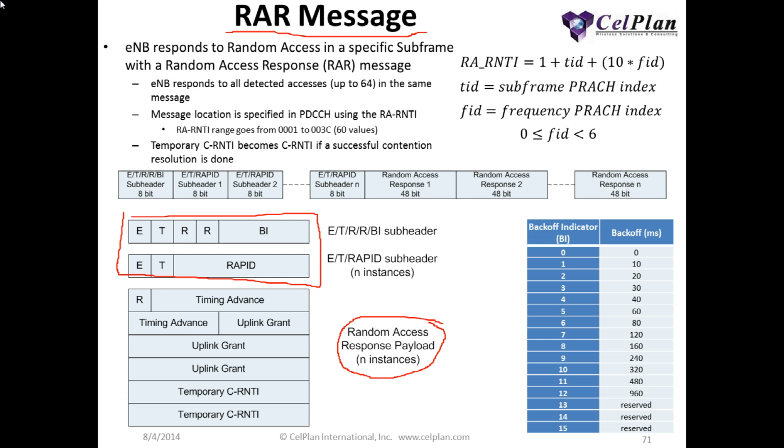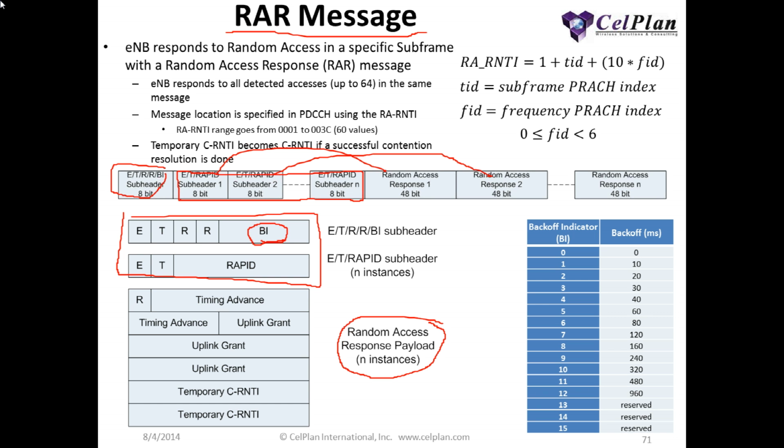So the first subheader basically gives the back-off indicator, and this is only one, and then it will have several subheaders with RAPID identity, and for each one of them it will have a random response.